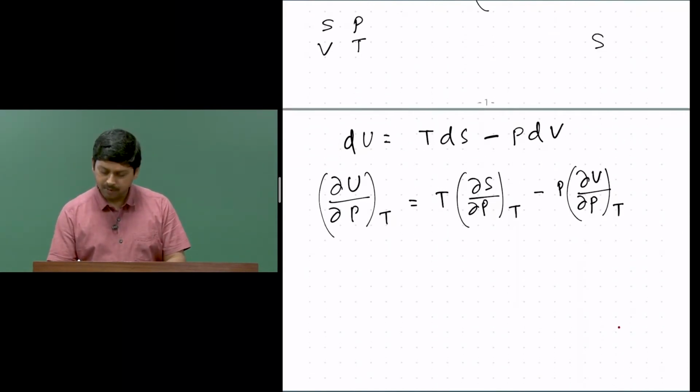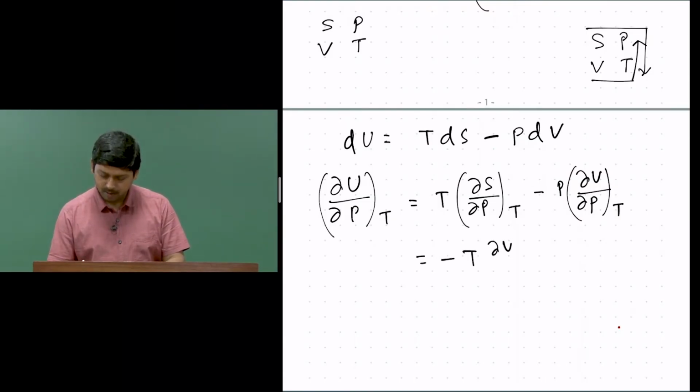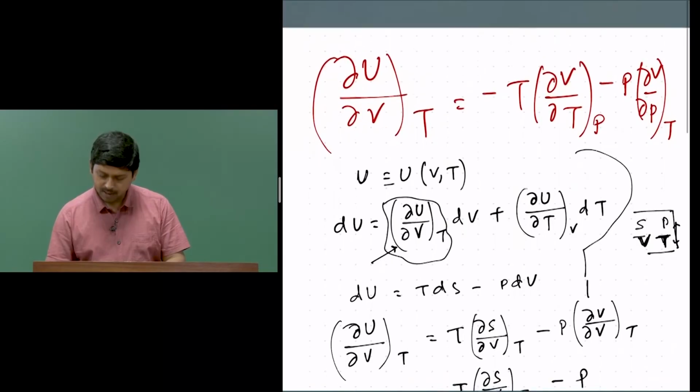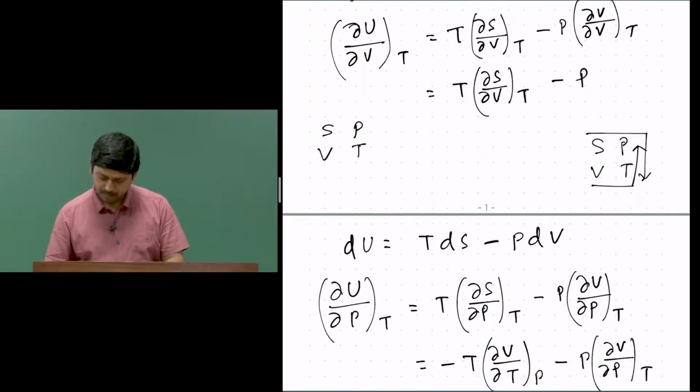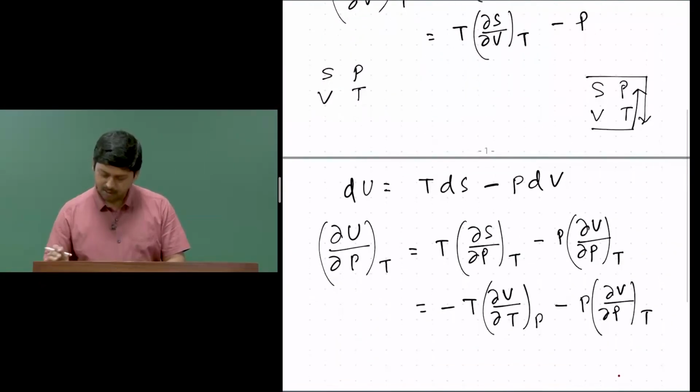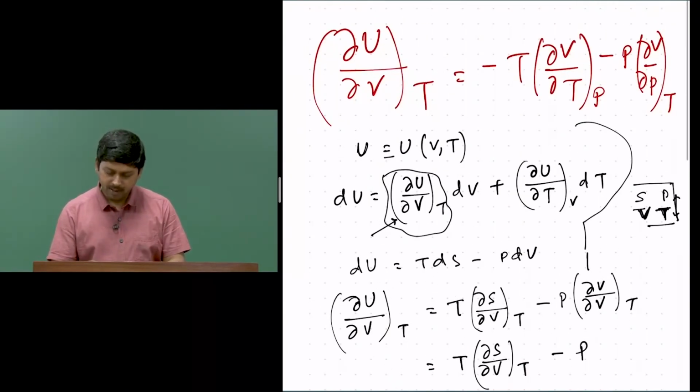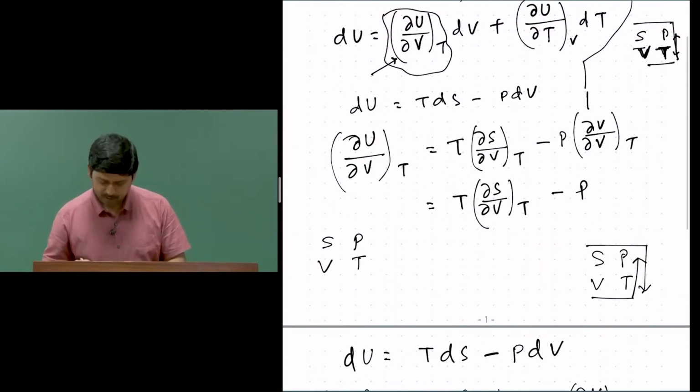Now, if I do S, P, T, V, then we know del S by del P at a constant T is negative of del V by del T at a constant P. So, minus T del V by del T at a constant P minus P del V by del P at a constant T, and what is asked for? Minus T del V by del T at a constant P minus P del V by del P at a constant T. Okay. So, that is what we get. So, our question was wrong, it should have been del U by del P at a constant T and not del U by del V. Okay. So, let us go to the next problem.